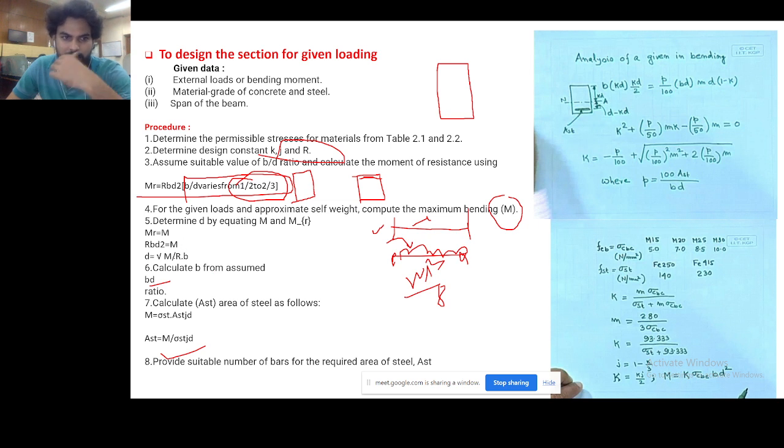Now calculate the values of R from the table, and then B, D you already know, calculate the M by M, then calculate the D, then that D we have to check whether it is sufficient for the applied loads.